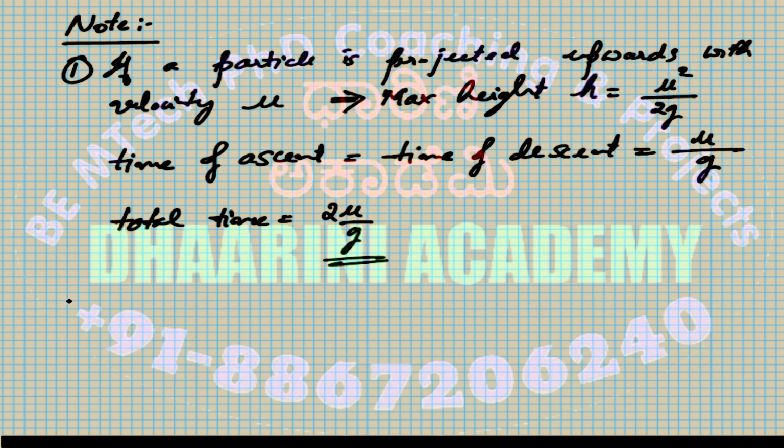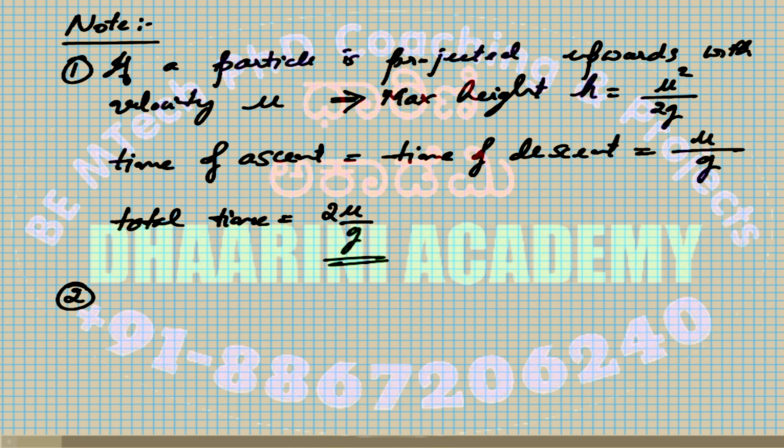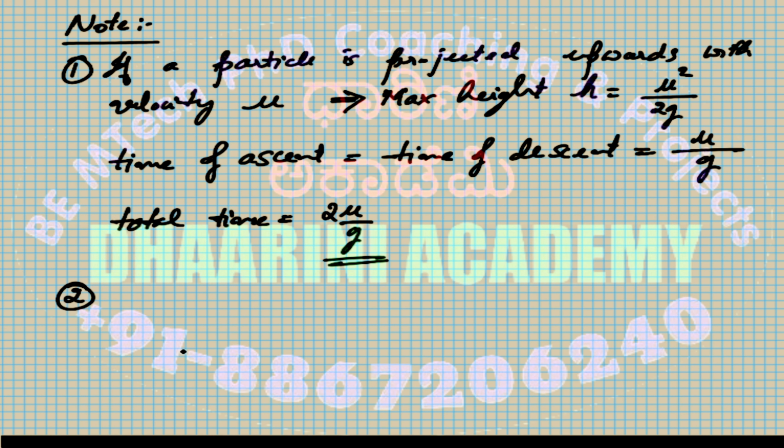Then the second point is the reverse. You are releasing the object from a height h and the initial velocity is 0, u equal to 0, right?